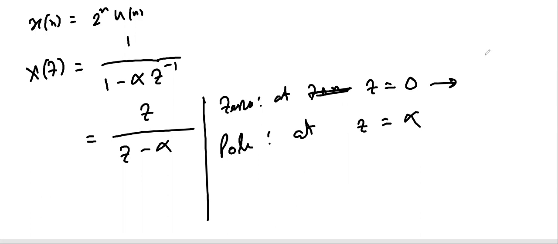This shows the location of z, and the magnitude of r is equal to alpha.